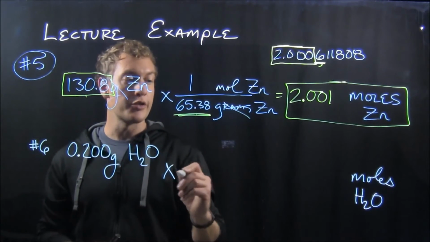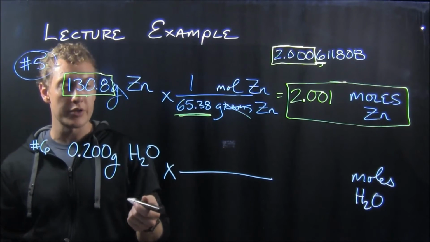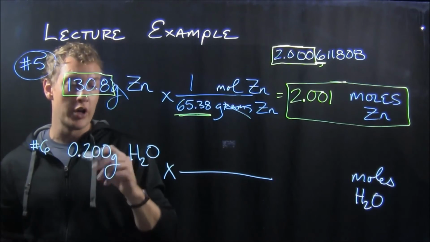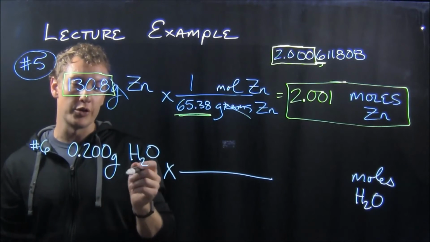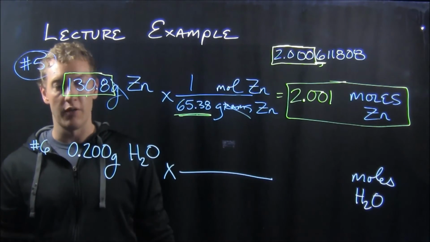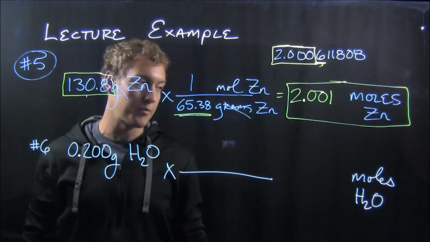Now just kind of reasoning through. 0.2 grams. So hydrogen itself is 1 gram per mole. So we are looking at some fraction of a mole. So 0.2, about 1% of a mole, right, as an idea before we start working it out.